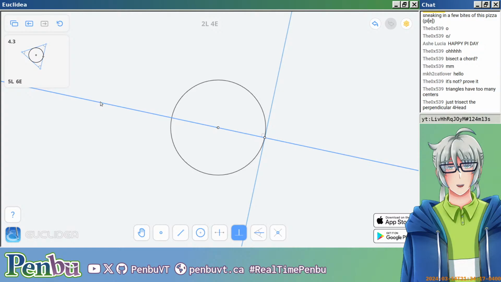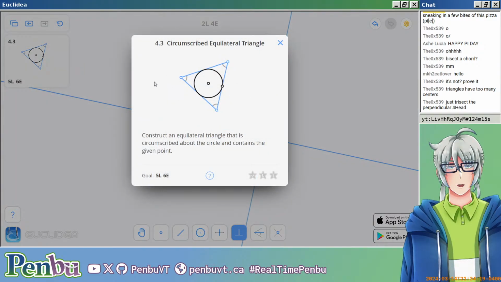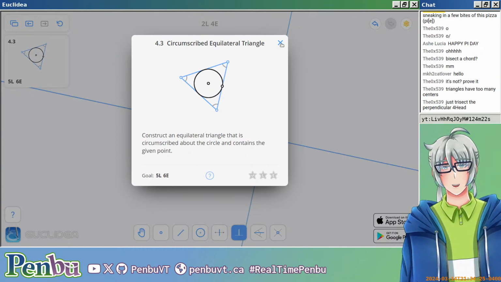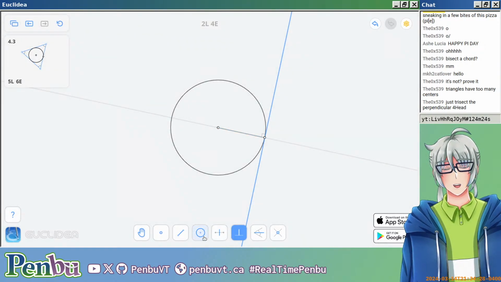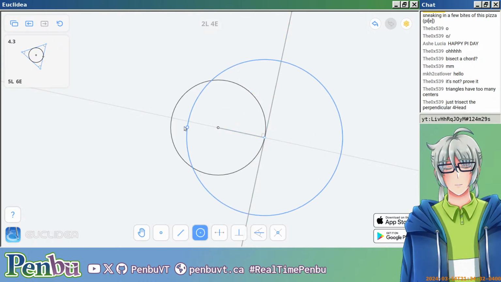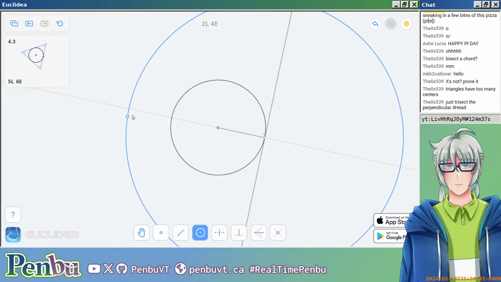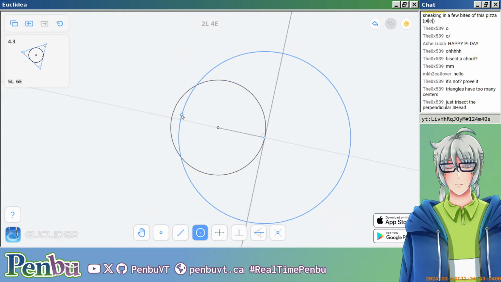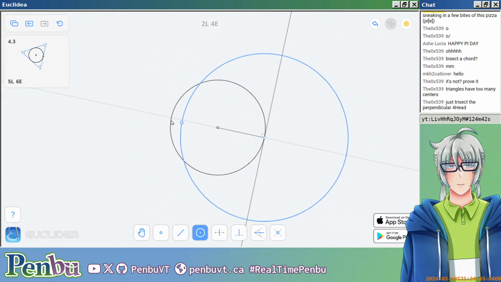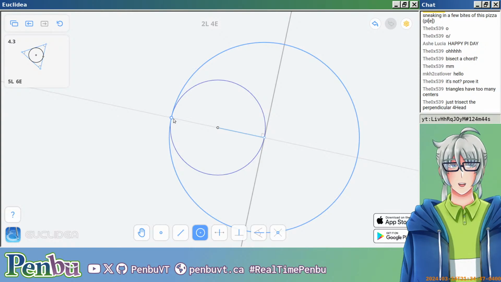And we know that the other vertex has to be... It's an equilateral triangle, so it has to be along this line. Which means that we can draw a circle so that we get 60 degrees somewhere.